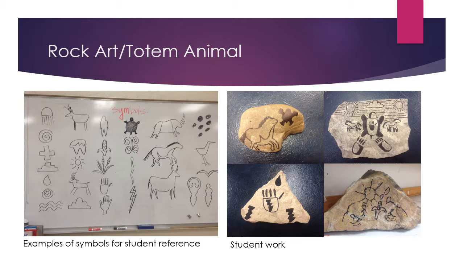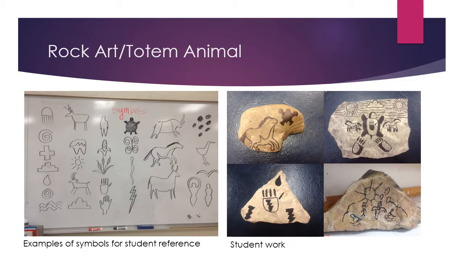So after watching parts of the documentary, we didn't watch the whole thing, but we watched parts of it, their assignment was to bring in a natural material, a stone, and I wanted them to experience what it might be like to draw on stone. So we did what I called a rock art or a totem animal.